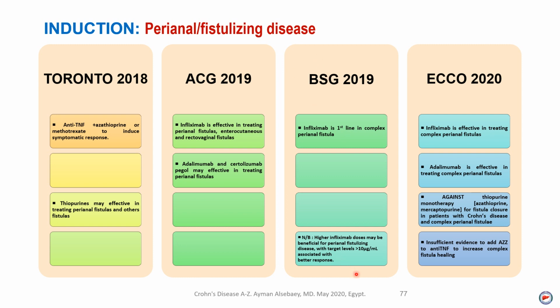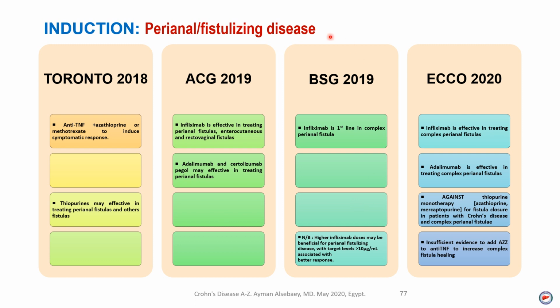The British Society said it is better when you give infliximab to measure the drug level and to make your target above 10. Okay, it is better, but it is not a recommendation. So, till now, the recommendation in the treatment of perianal fistula is to use the conventional dosing, 5 mg per kg, not 10 mg per kg.